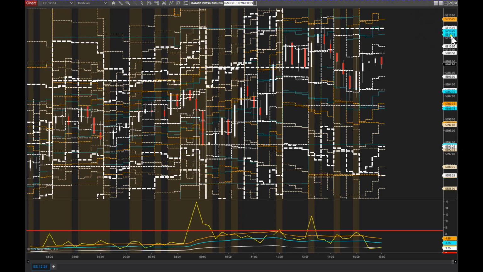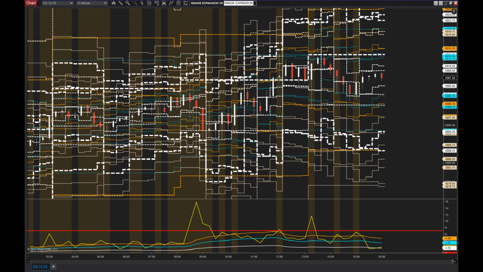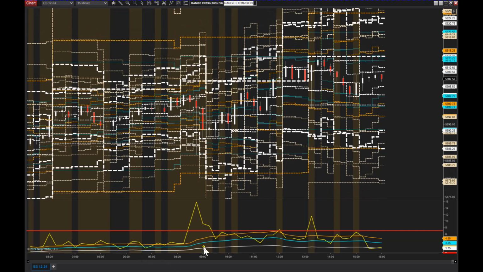So we can model when the one period is outside the 14 period and apply a little bit of momentum to that to get a directional breakout with it, that range expansion opportunity, or just put a bar direction on it if you don't want to require momentum.